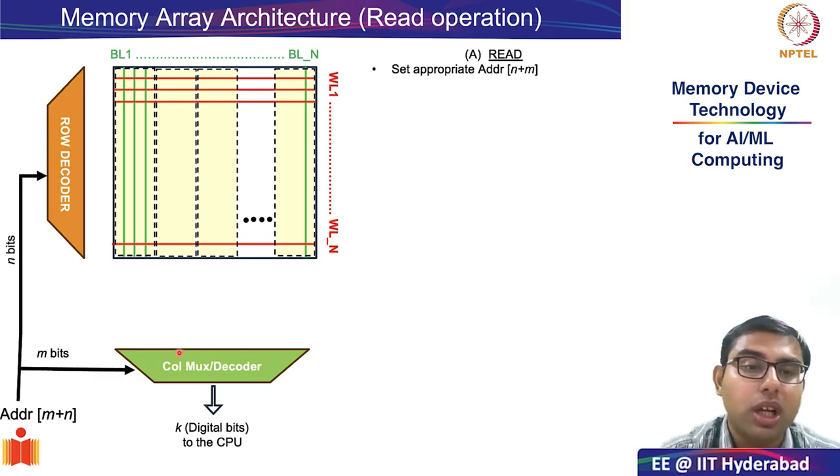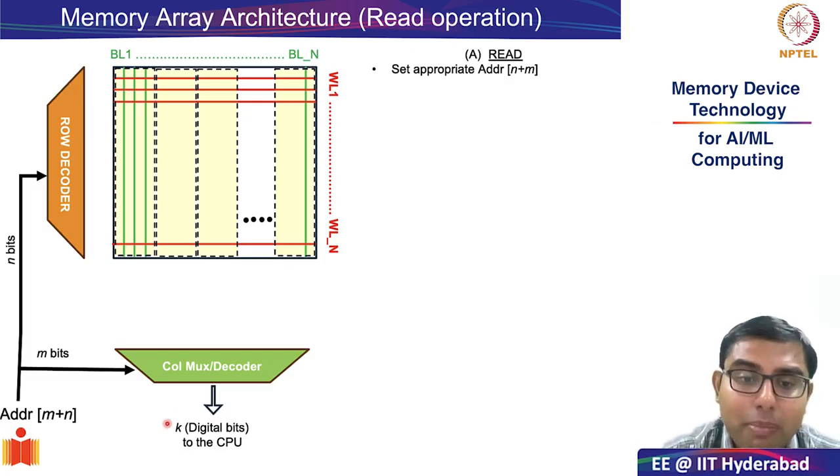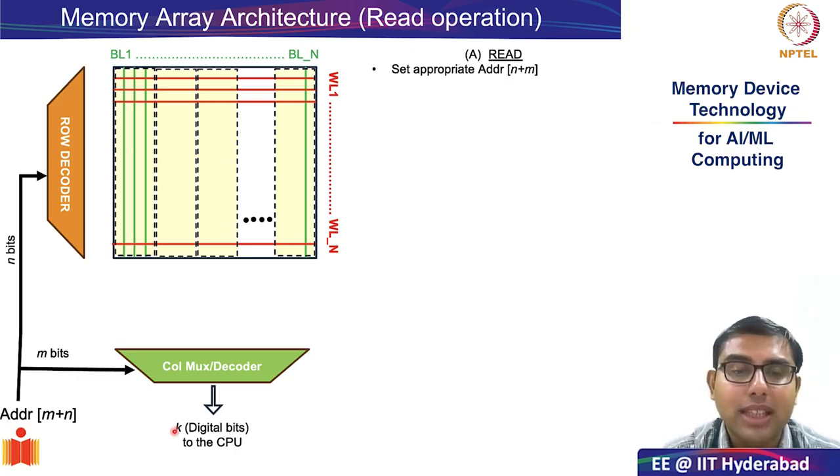The expectation from the CPU is that it will be supplying an address consisting of m plus n bits, and it will receive information in the form of digital bits which is the same as the word length, which is k. So on the address bus it will assert m plus n bits, and on the data bus it will get information worth k bits.